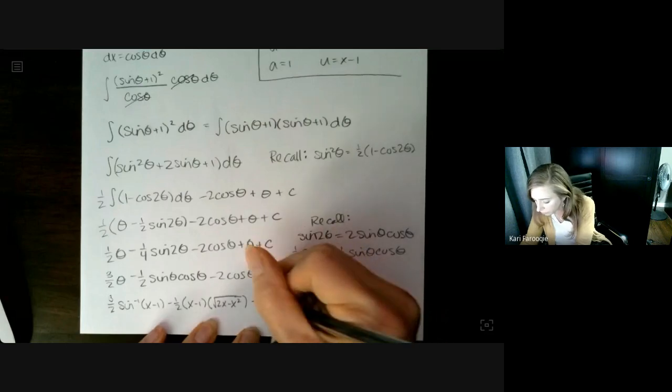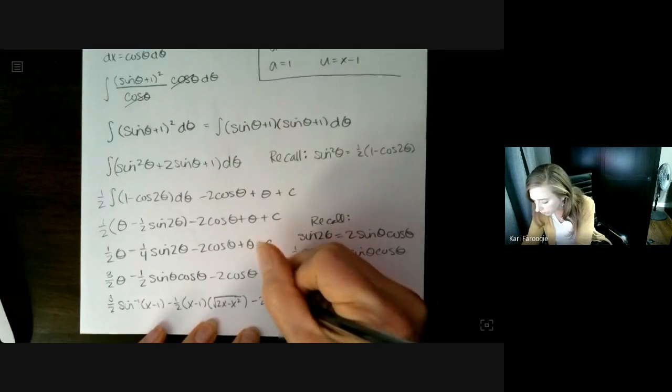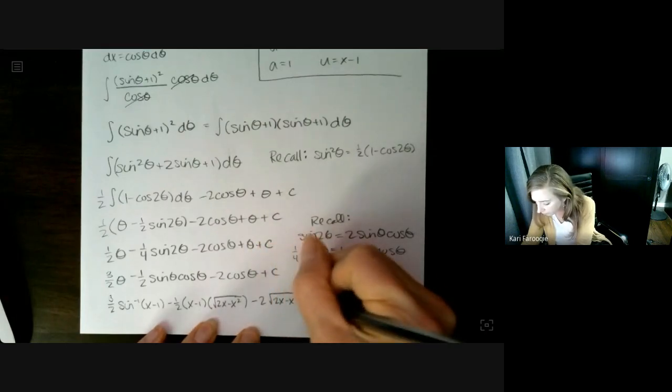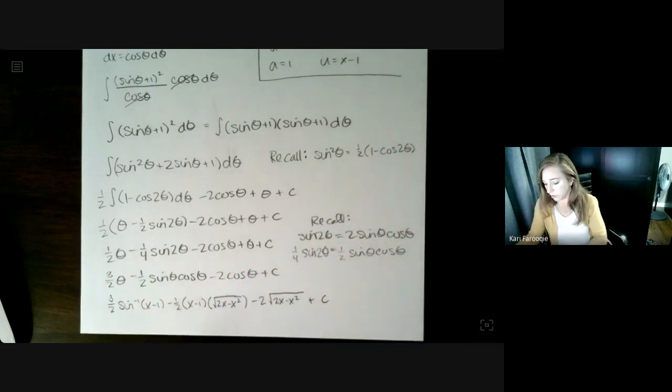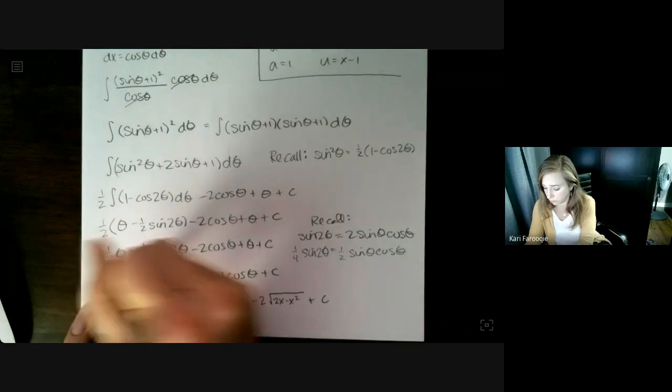And then minus 2 cosine theta plus c. Now, I'm not going to be crazy picky about making you multiply this in and having an x term and then a 1 times this quantity. This is fine. Leave it like this, stick a fork in it, it's done.